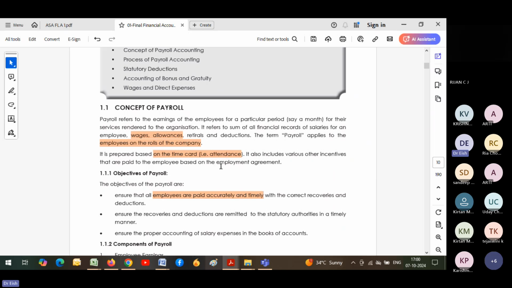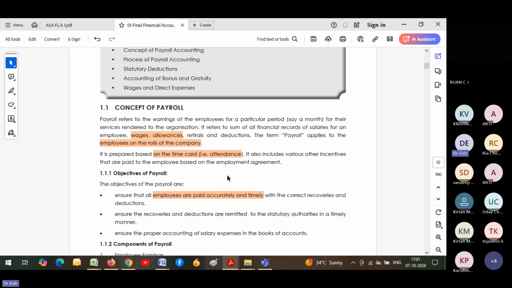September's TDS you will deposit on 7th October. You will book the TDS of September by 7th October. October's TDS you will deposit by November 7th. So every month, the 7th is meant for the TDS date. 7th is supposed to be the TDS date for all.